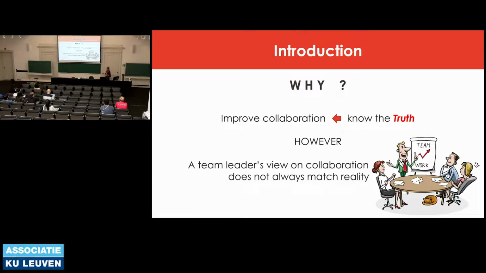So why? We all know that collaborative work improves organizational performance, but only if those teams are well implemented, well managed, and well supported. And to improve collaboration, you have to know how your team is really working. You have to know the truth. Now, literature has shown that a team leader's view on collaboration often does not really match reality.